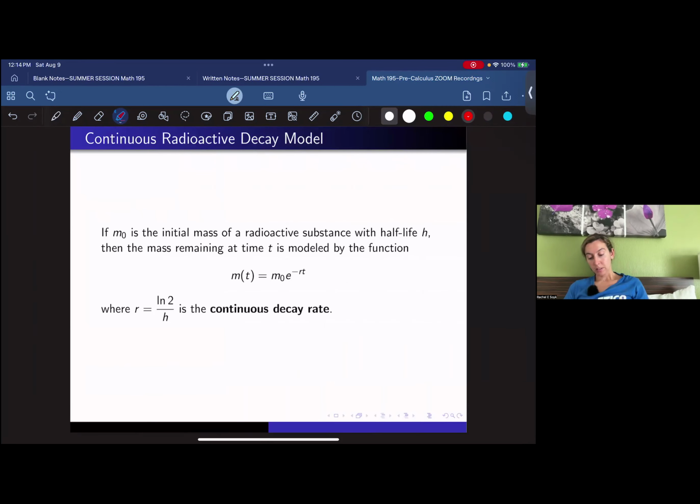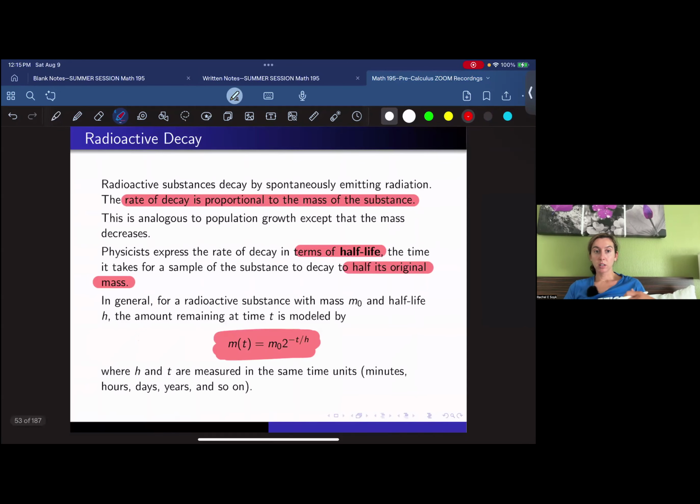And then we have our continuous radioactive decay model. So think of this as our radioactive decay using 2 as that base, right? Taking a half-life each time versus before it was doubling time.